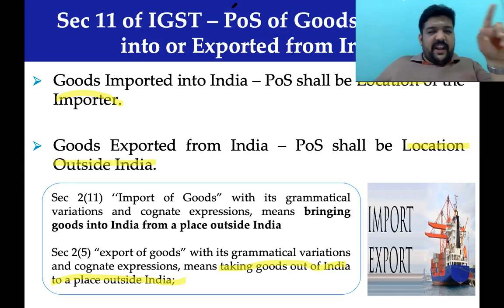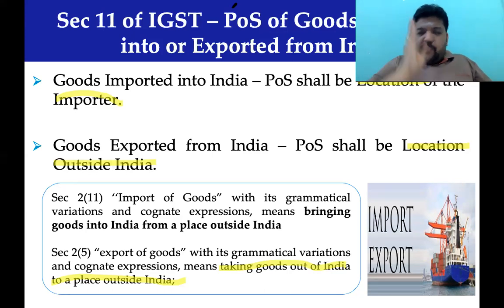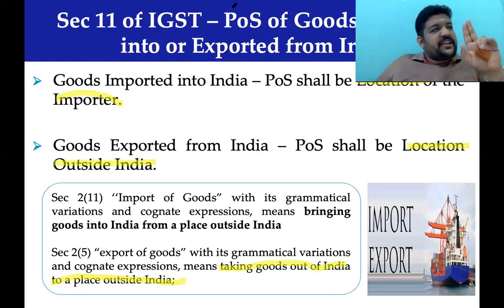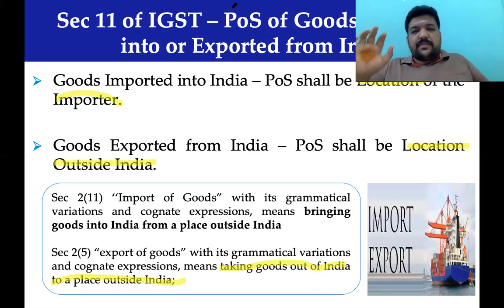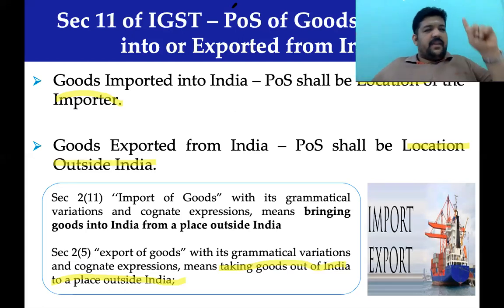If the answer is no, then we will direct it to section 10. In section 10, we will again ask a further question: does your goods involve movement? Then we will direct it to section 10A or 10B. Else we will direct it straight away to 10C. Special circumstance: my goods involve assembling, 10D.